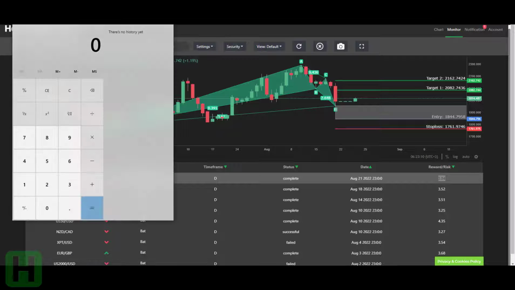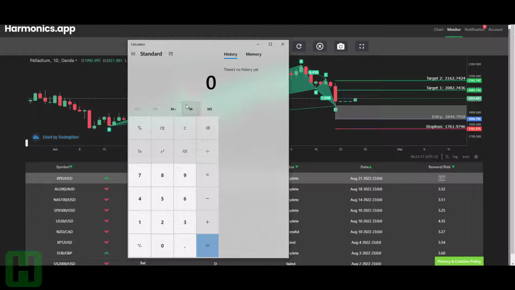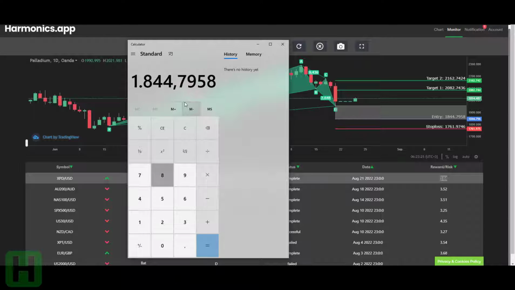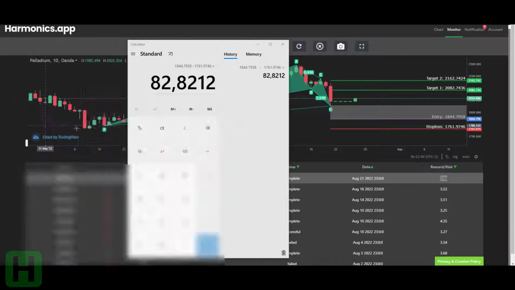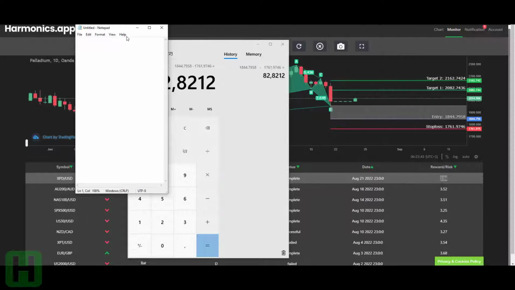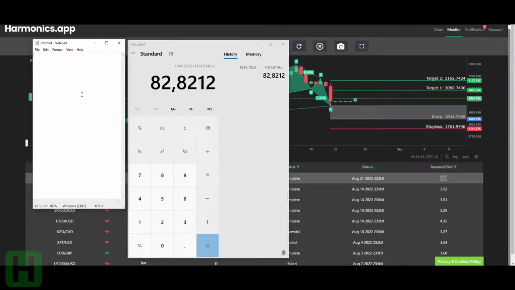How do you get that? For example, check this. If I take the calculator, 1844.7958 minus 1761.9746, just a minute, I will use the notepad. So it is 82.82 pips.